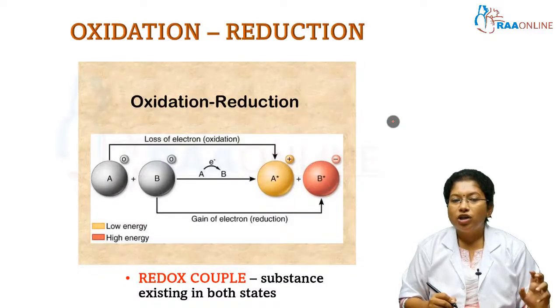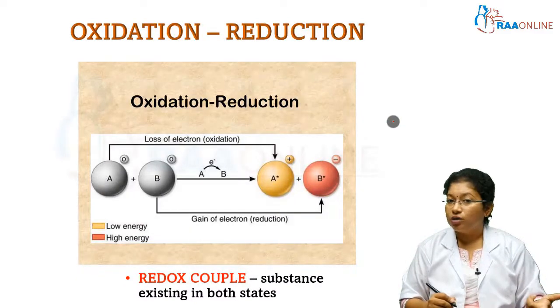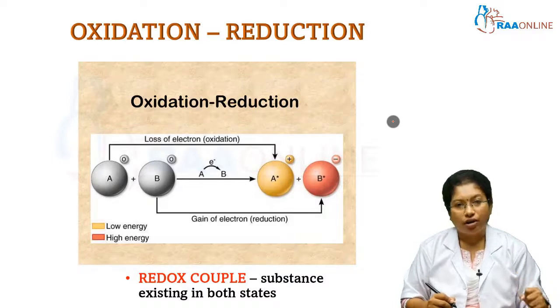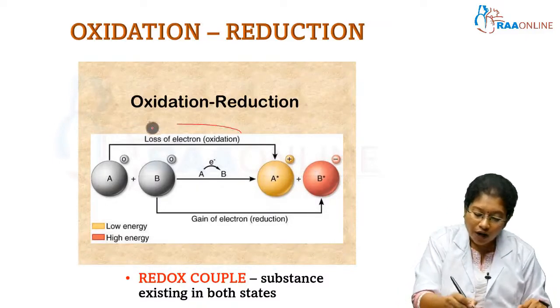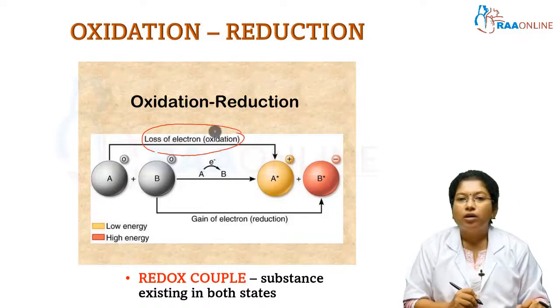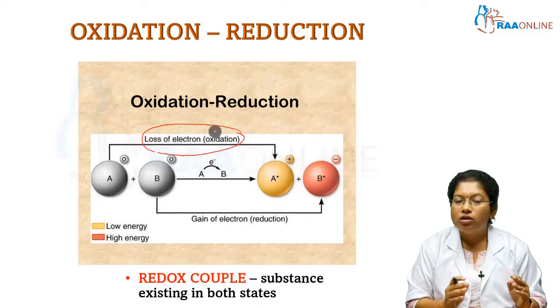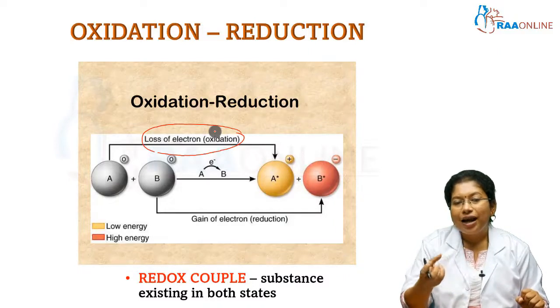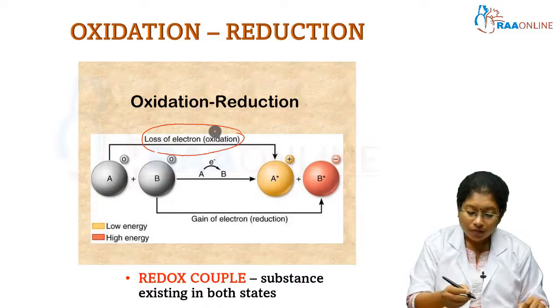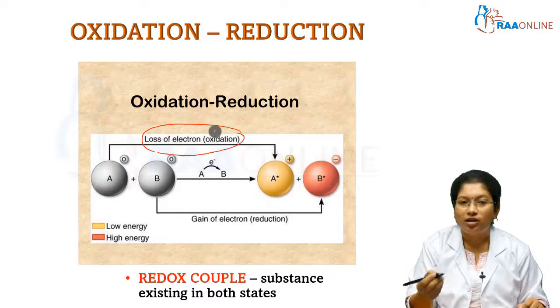So, biological oxidation is a coupled process, oxidation and reduction. Oxidation means loss of electrons. So, the electrons are lost from one compound. The other compound gains the electrons from the compound which is oxidized.